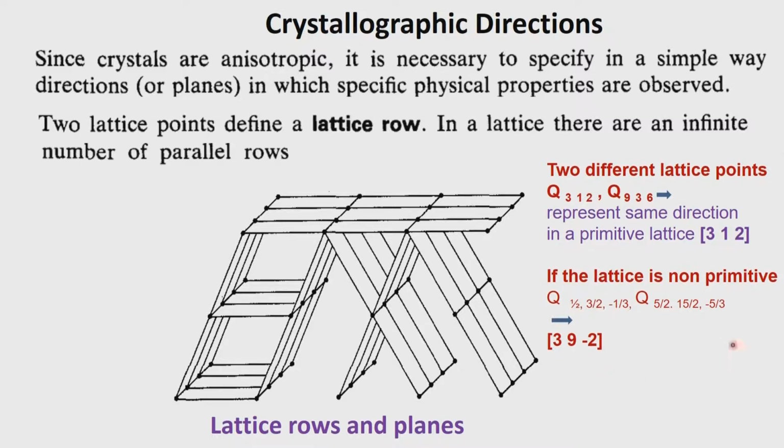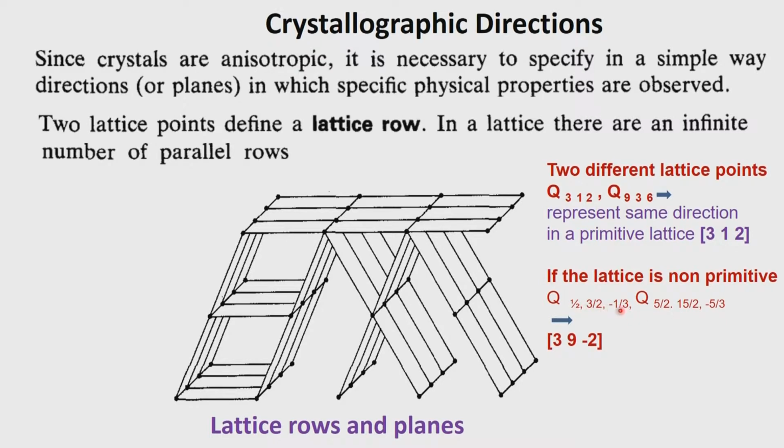So, if the lattice points are fractional, like is shown here, the direction q, which is 1/2, 3/2, minus 1/3, and then there is a direction q, which is 5/2, 15/2, minus 5/3. Both of these represent a single crystallographic direction, and that crystallographic direction happens to be 3, 9, minus 2.